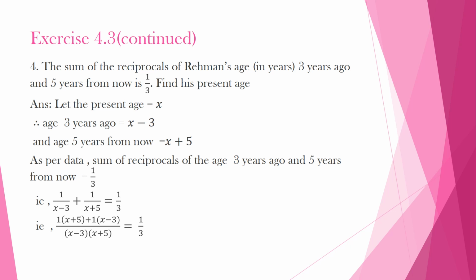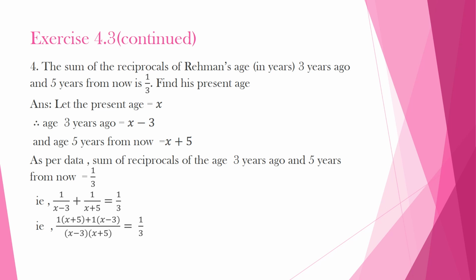Reciprocal of x minus 3 is 1 by x minus 3, and reciprocal of x plus 5 will be 1 by x plus 5. Adding this, we get 1 by x minus 3 plus 1 by x plus 5 is equal to 1 by 3.